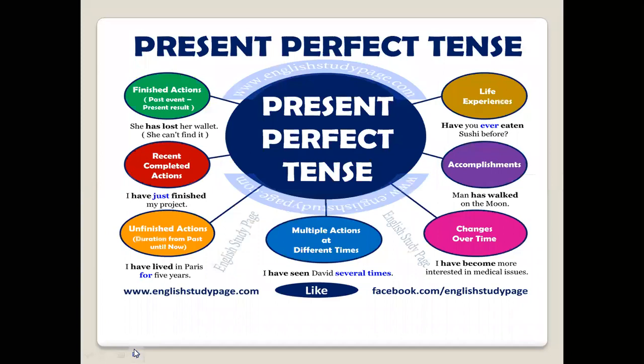Sometimes we talk about unfinished action, from the past until now. We've done an action, multiple actions at different times. For example, I have seen David several times, so repeat the action. I've done this many times. Maybe changes over time. Achievement, such as man has walked on the moon, when we talk about an achievement. And if we talk about a life experience, have you ever eaten sushi, for example? So I will use the present perfect.